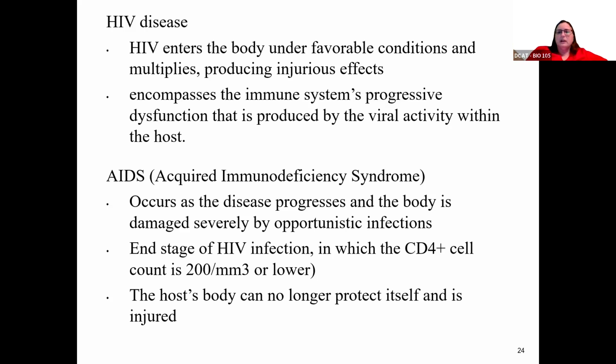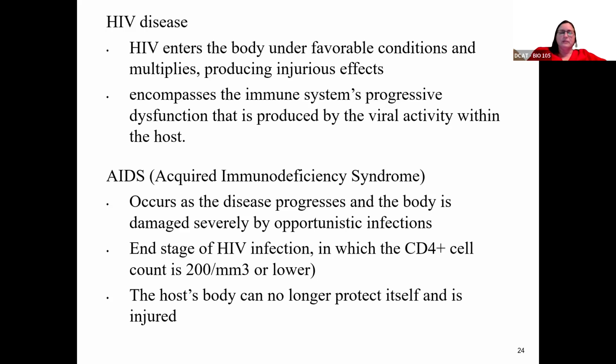And this is when, remember I said the CD4 count needs to be less than what for AIDS? So remember, 200 or less, okay? So a CD4 count of 200 or less is going to mean that the patient now has AIDS. So this is when the host body can no longer protect itself from injury.